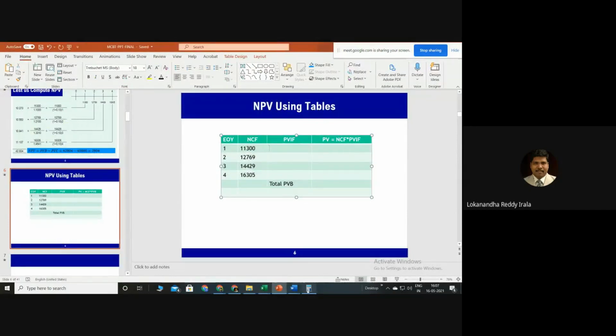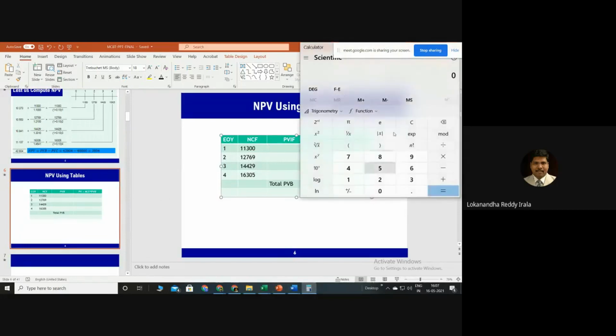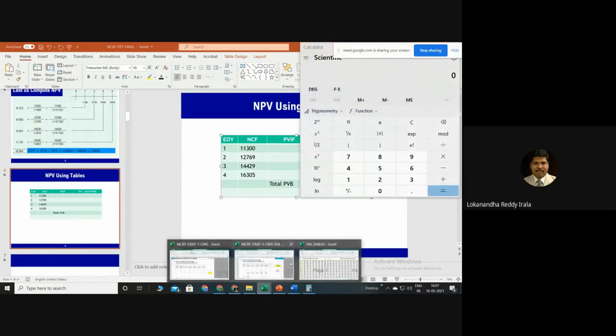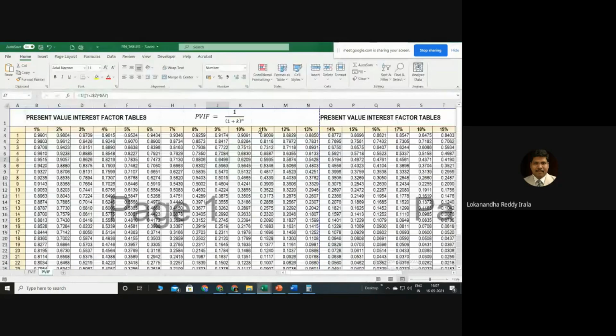Now let us look into the table. You go to the 10% values. For the first year the value is 0.9091. That means it is the value of 1 divided by 1 plus 0.1 whole to the power of 1.